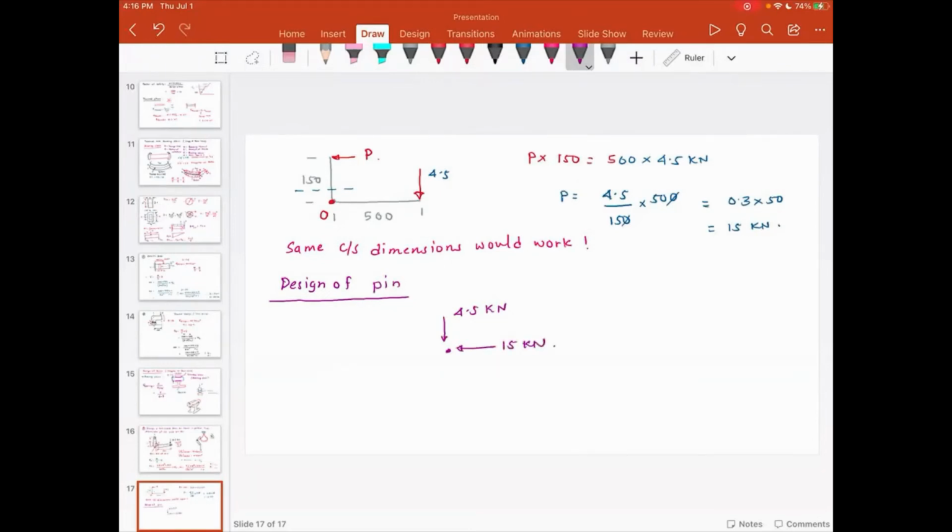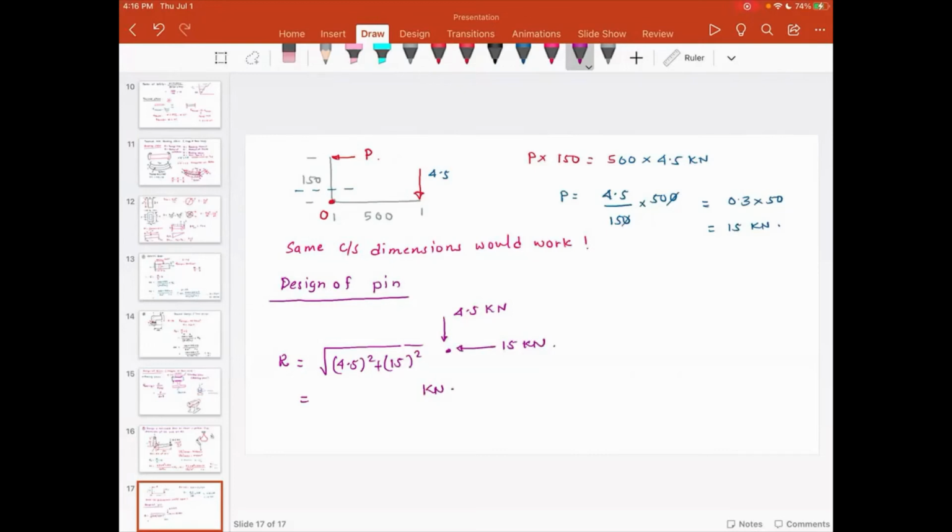So the total load, which is the resultant, is going to be the square root of 4.5 square plus 15 square. So that will be the resultant load on the pin.